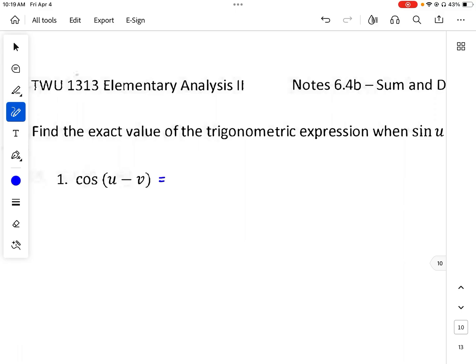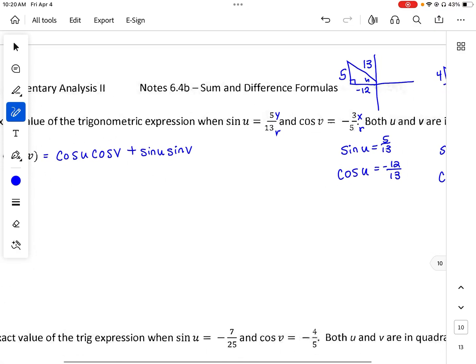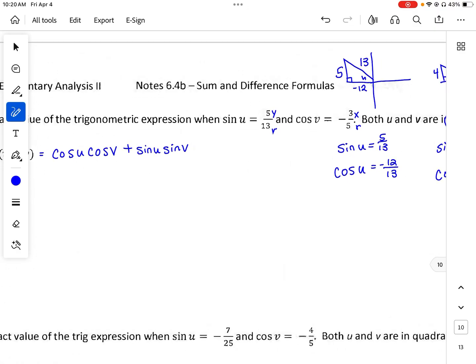So we know that this is found on our formula chart. It is cosine u cosine v. Since this is minus with cosine, we do plus sine u sine v. So because we worked this out already, we can just plug in.